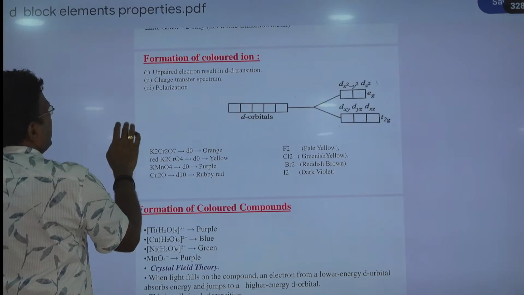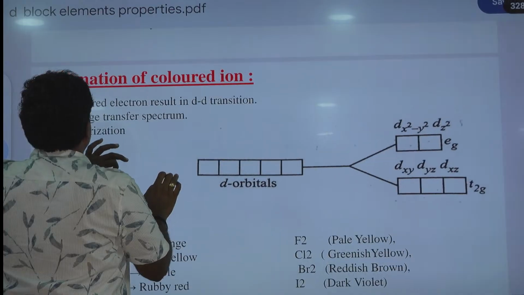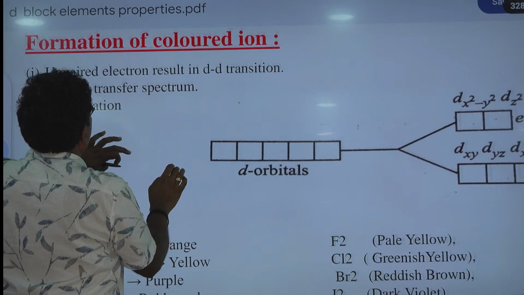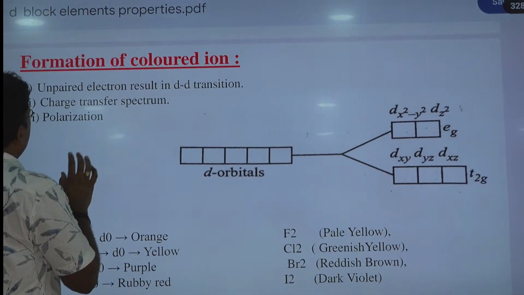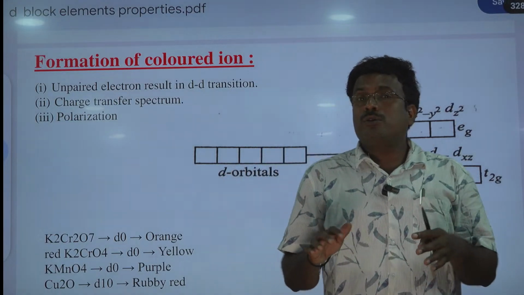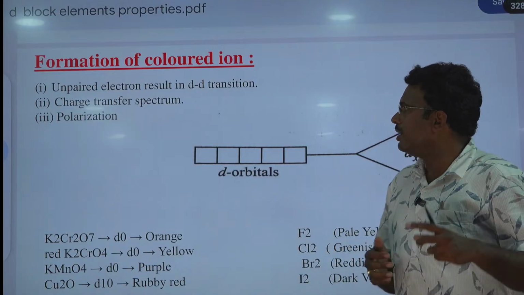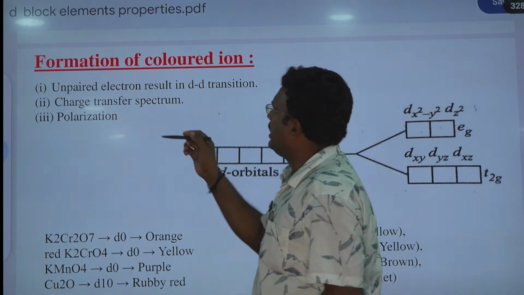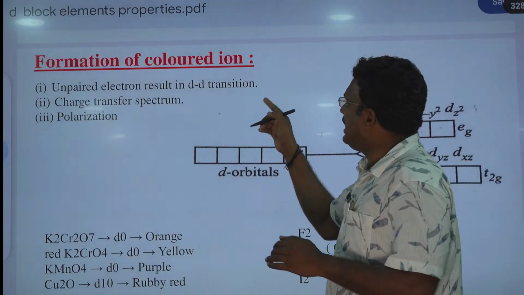The next property of d block elements is the formation of colored ions. Very, very important. D block elements show different colors because of 3 characteristics. Number 1 is unpaired electrons, which result in d-d transitions.